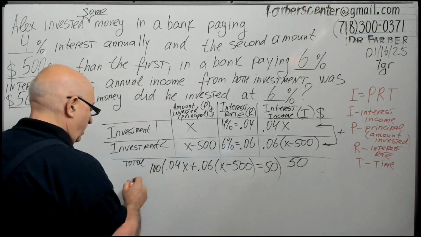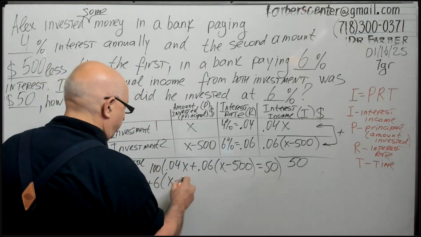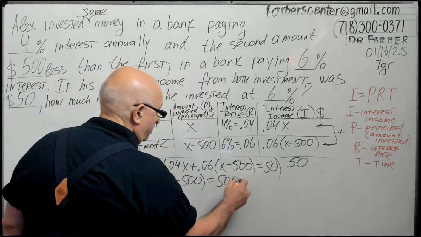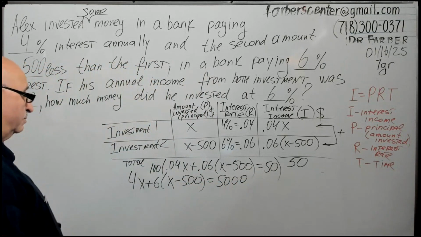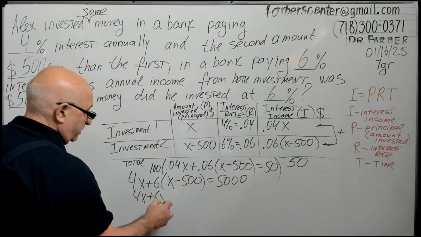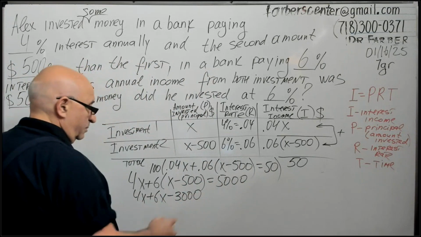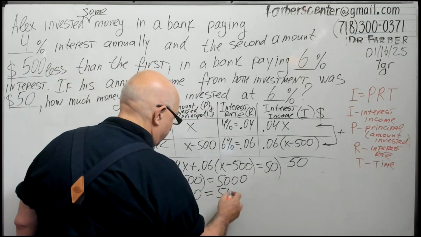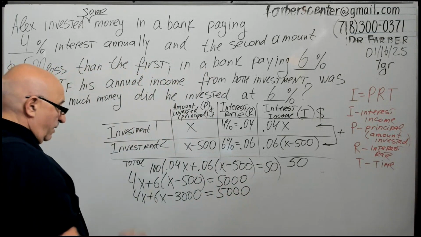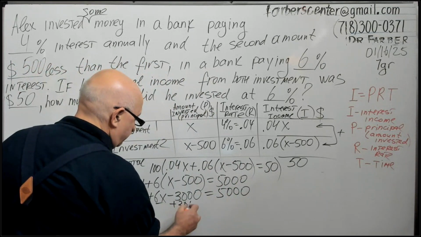What do you get? 4x plus 6 times x minus 500 equals 50 and 2 zeros. Distributive. 4x plus 6x minus 3000 equals 5000. Now, combine like terms and add 3000 to both parts.